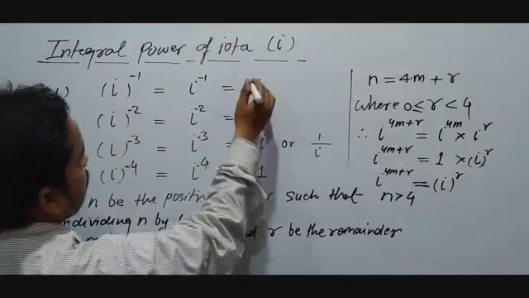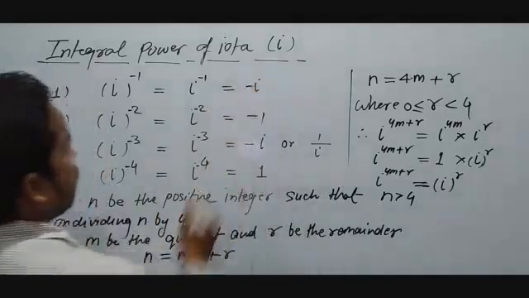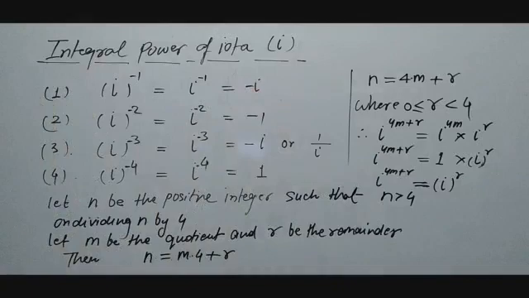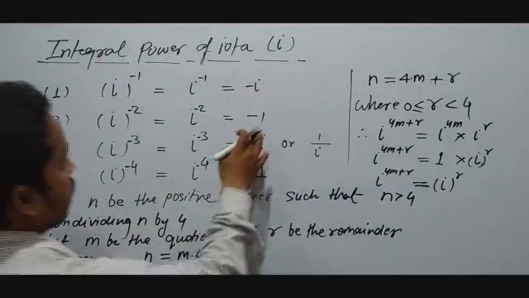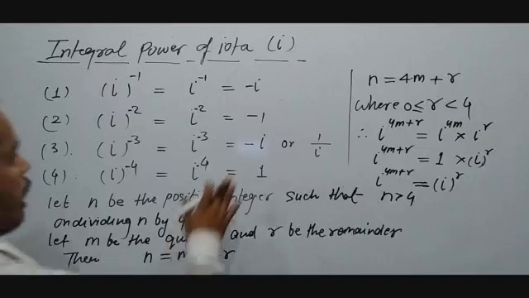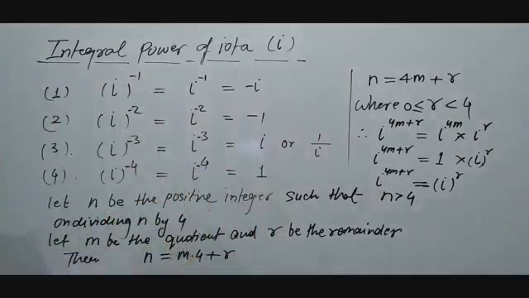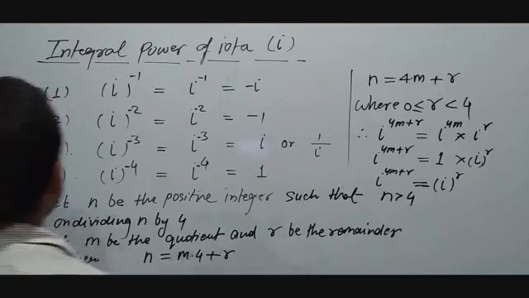The result for i to the power minus 1 is 1 upon i, and 1 upon i is minus i. i to the power minus 2 is minus 1. i to the power minus 3 is 1 upon i cubed, which is i. And i to the power minus 4 is equal to 1. This is the same result.